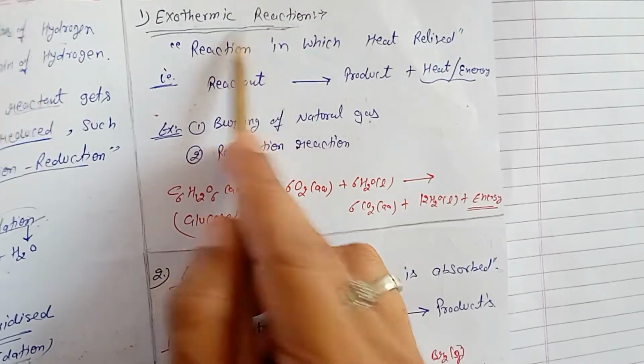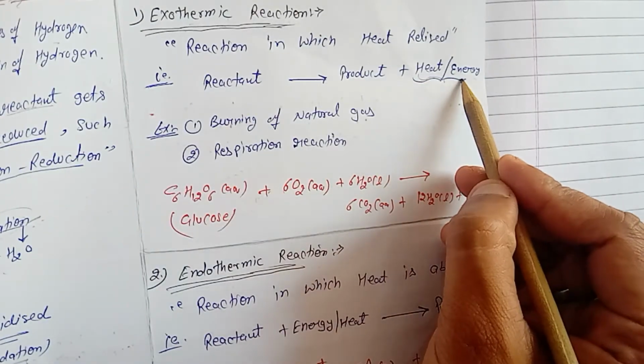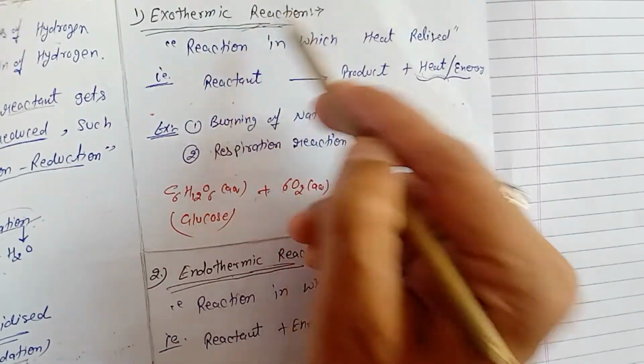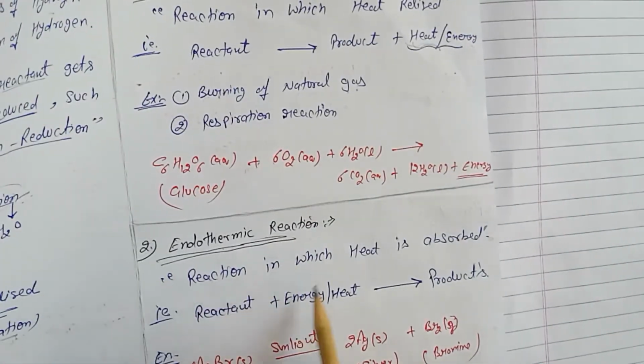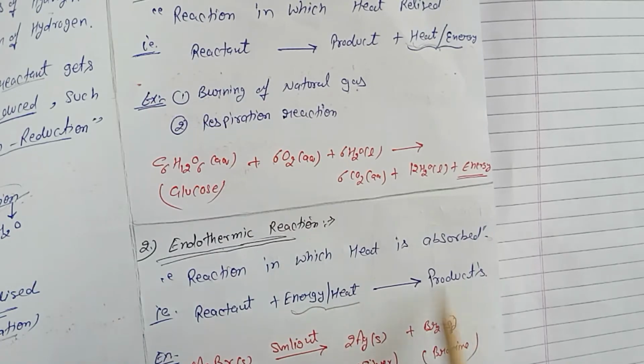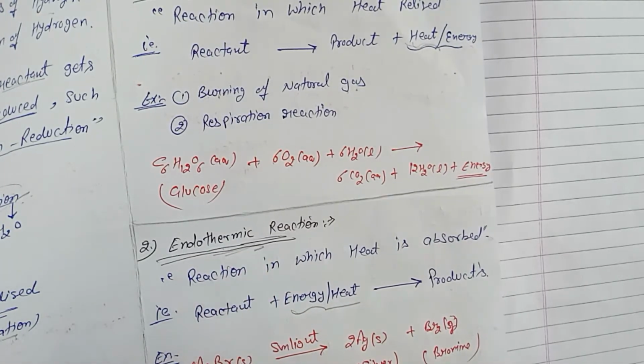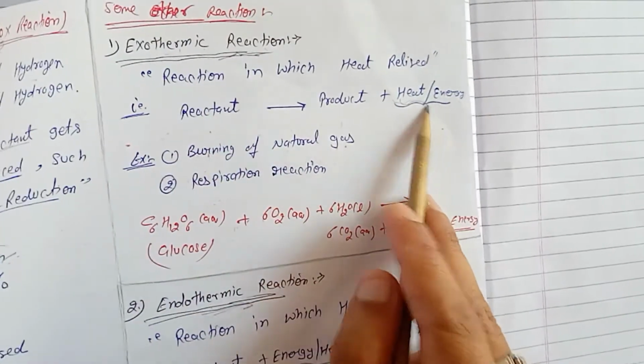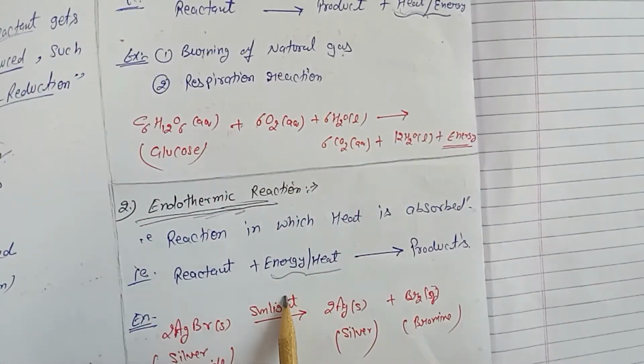Exothermic means heat is released. A reaction in which heat is released is known as exothermic reaction, and a reaction in which heat is absorbed is known as endothermic reaction.